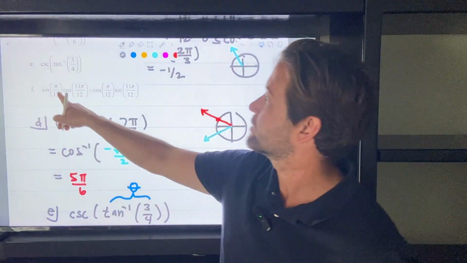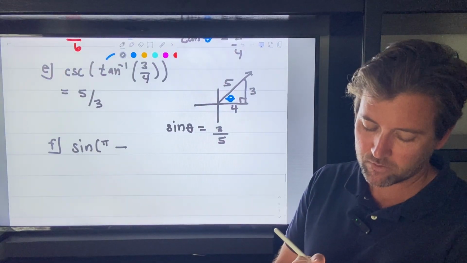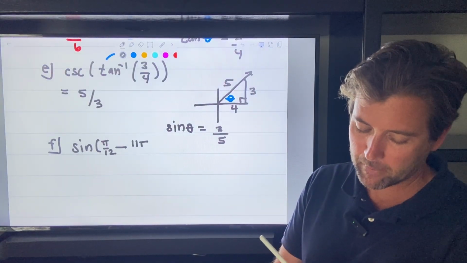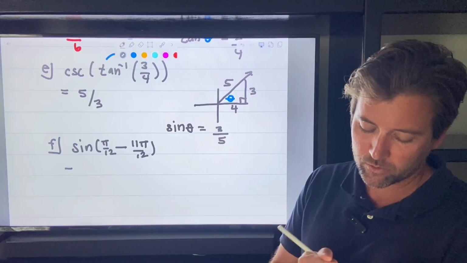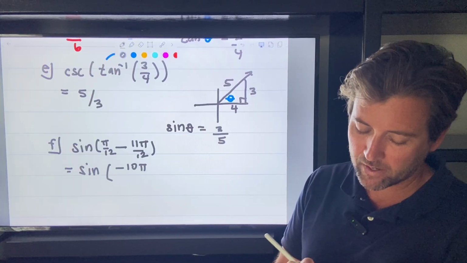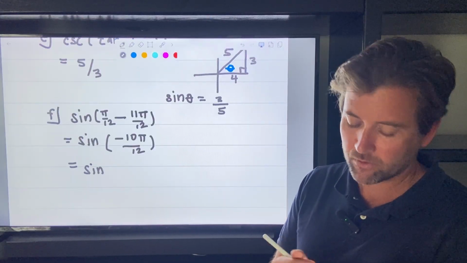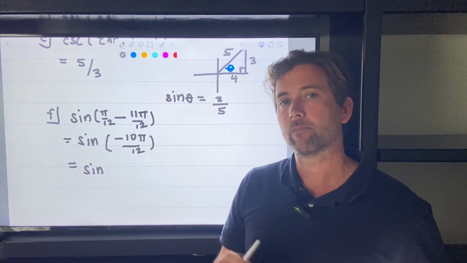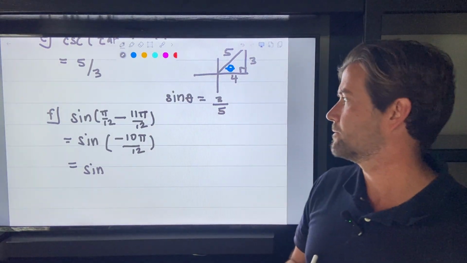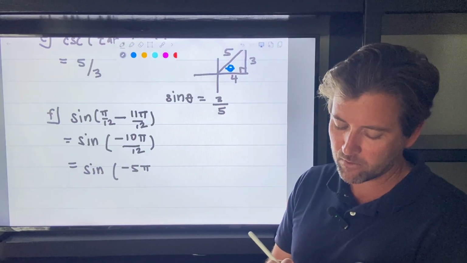I'm taking pi over 12 minus 11 pi over 12. So those two angles simplify to negative 10 pi over 12. They being 10 and 12, they both have a common factor of 2. So I can rewrite this as negative 5 pi over 6.